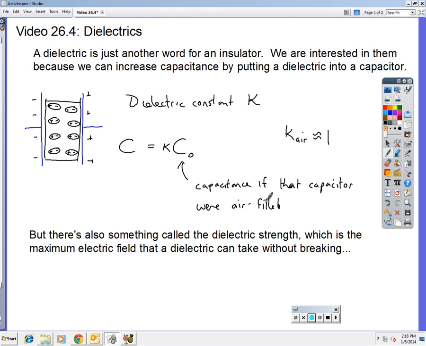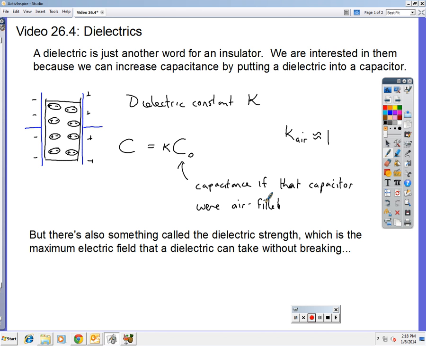The other thing is that there's something called the dielectric strength, because dielectrics have this property that if the electric field exceeds a certain value, it breaks down and sparks move through the material. And the dielectric strength is the maximum electric field that the dielectric can take without breaking.